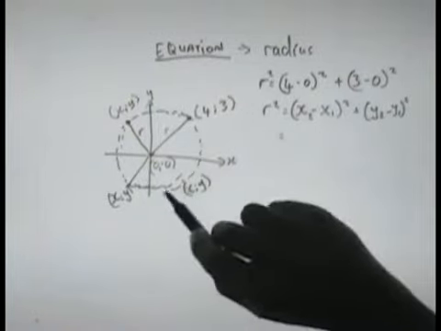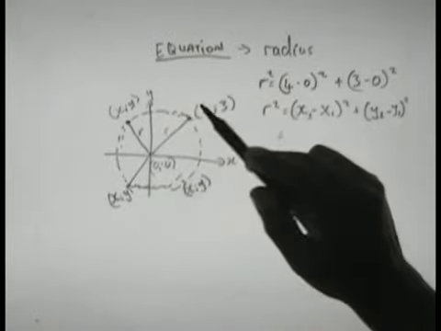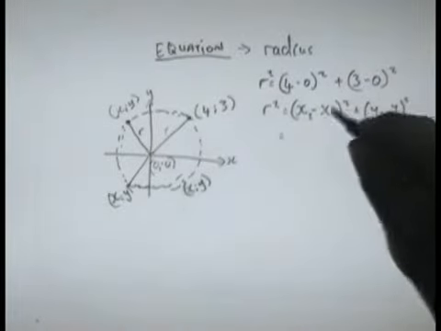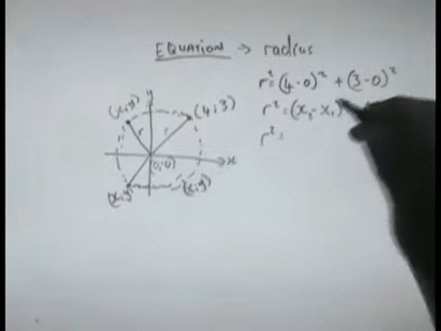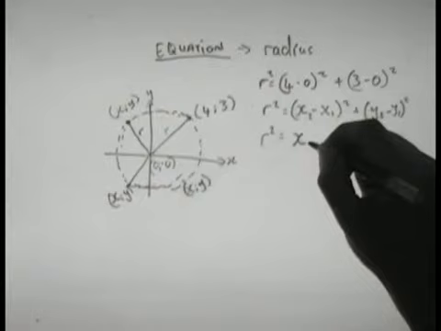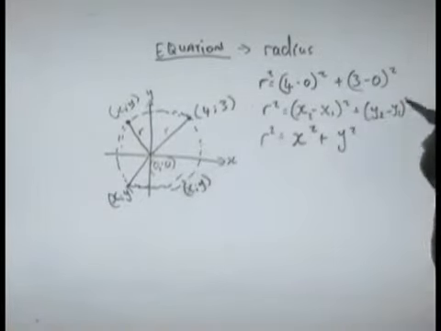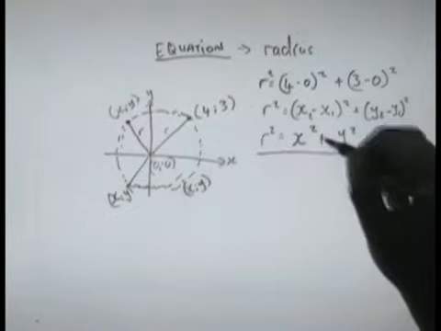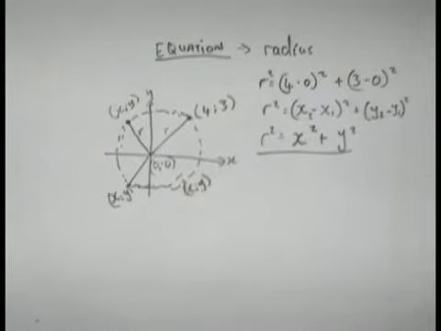But notice something, that at no point in time does the center change. It's always the coordinates 0 and 0. That means that r squared is going to equal x2 minus 0, which is just x squared, plus y squared.